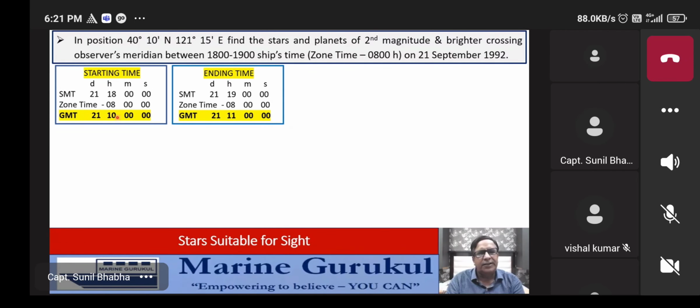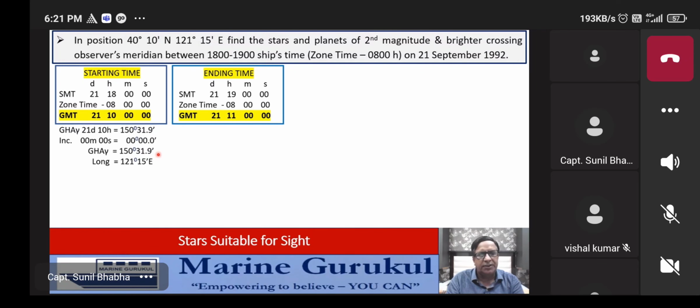Now we get the LHA Aries for these two GMTs. At the starting time, GHA Aries for the 21st day, 10 hours is so much. Increment is 0 because it is 0 minutes, 0 seconds. We get GHA Aries as 150 degrees 31.9 minutes. We apply the observer's longitude to it.